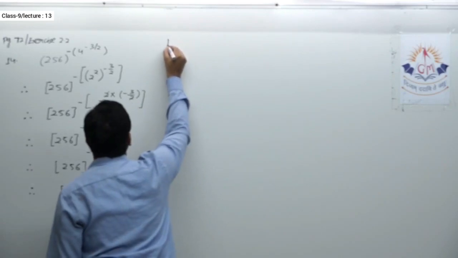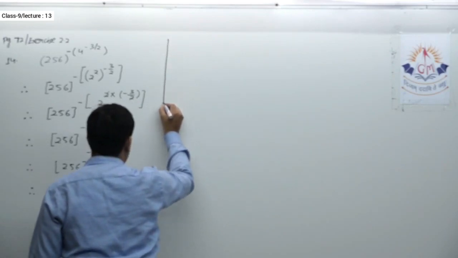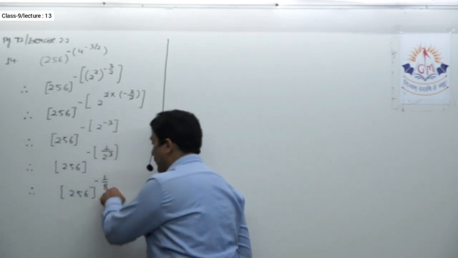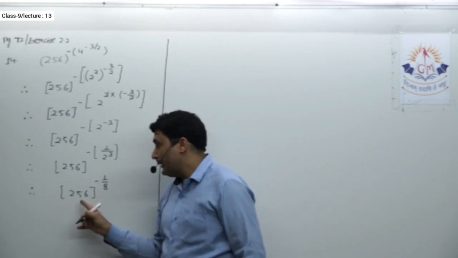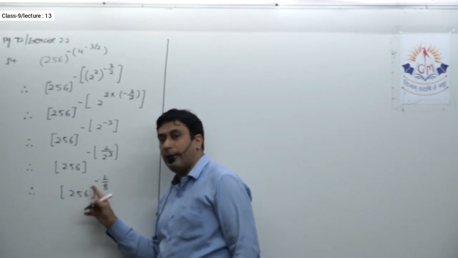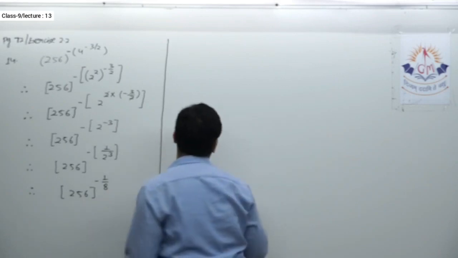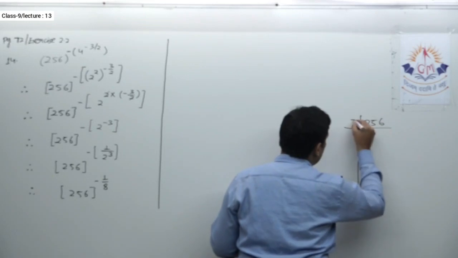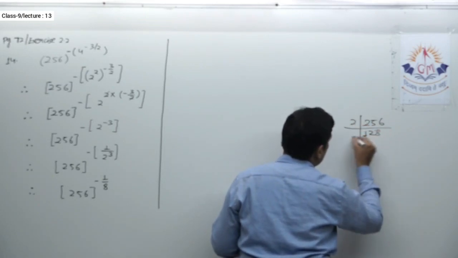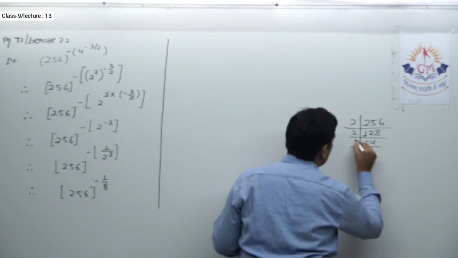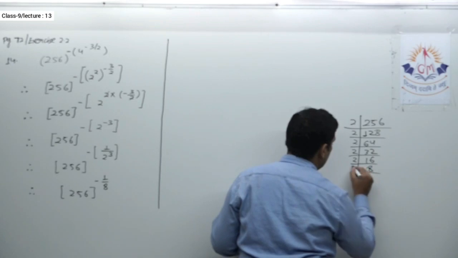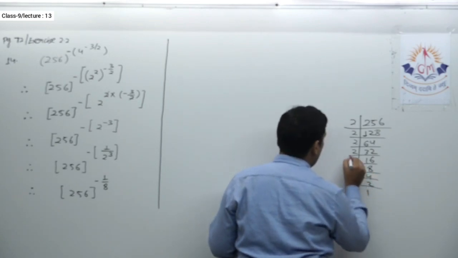Now I write 256. See, as I told you again and again, in maximum cases, as it is 8 over here, it is quite possible that you will find something raised to 8 equal to 256. For that you have to find the factors of 256. So let us find the factors of 256. 1, 2, 3, 4, 5, 6, 7, 8.